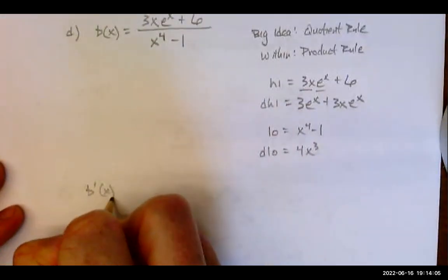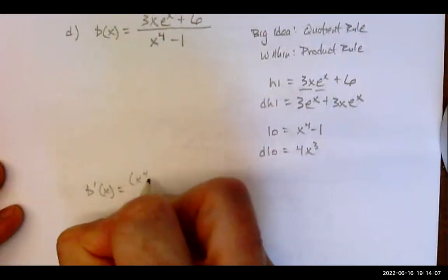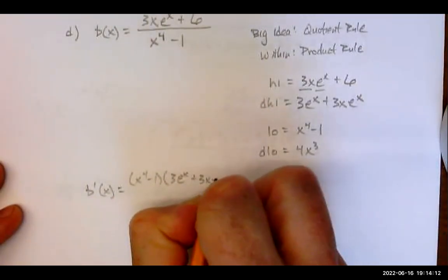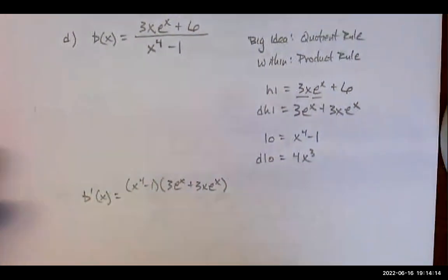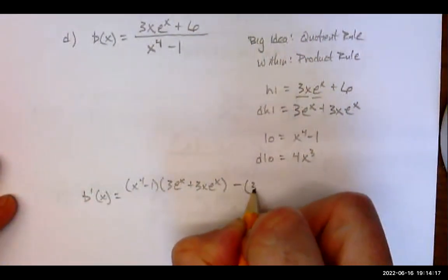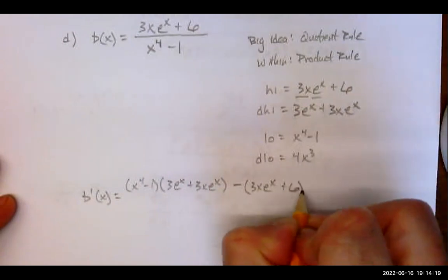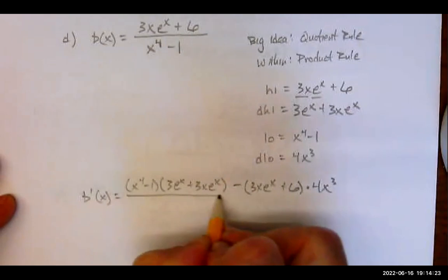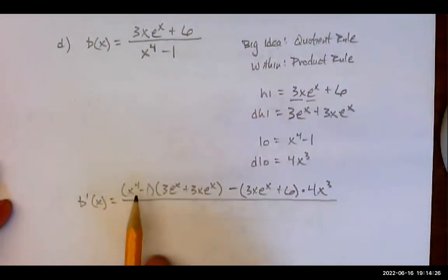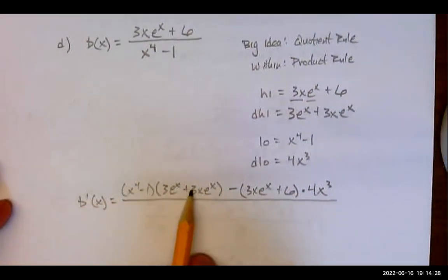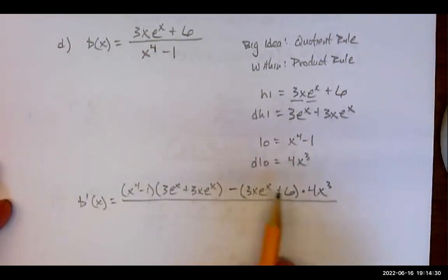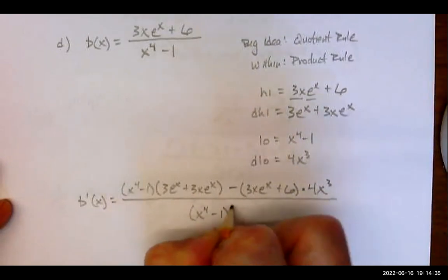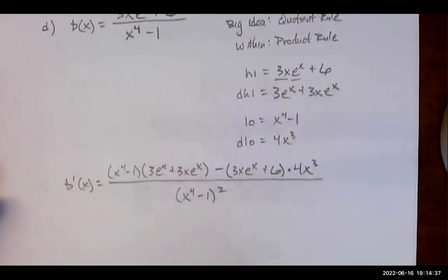B prime, low, d high, minus the high times d low. Let me look again: low d high minus high d low, perfect. And it's all over the original low squared. Love it.